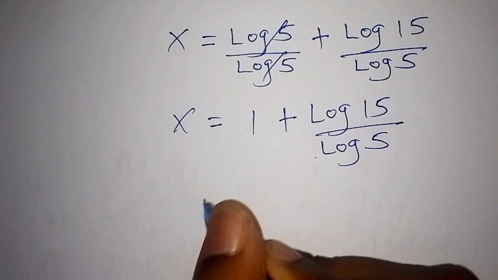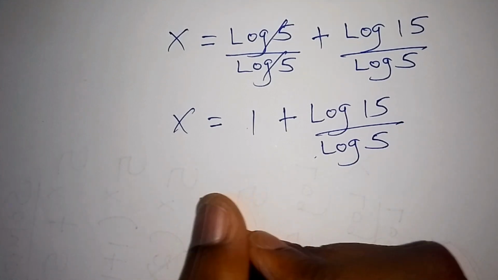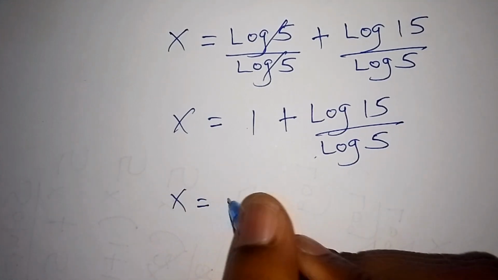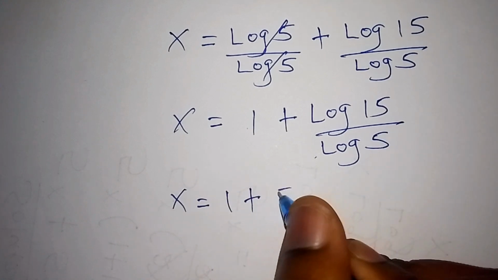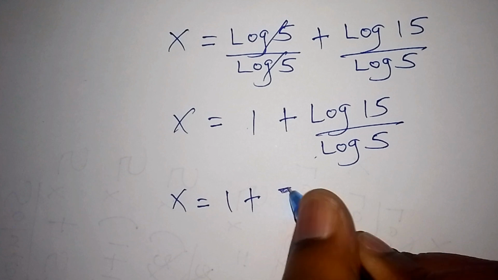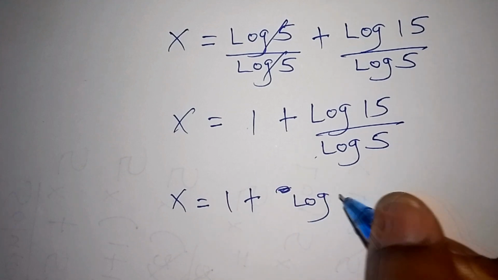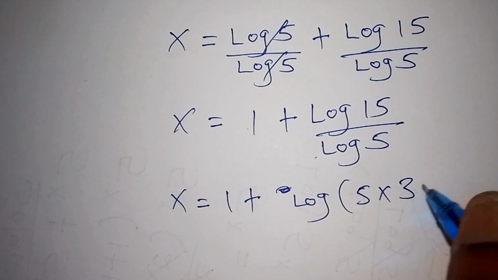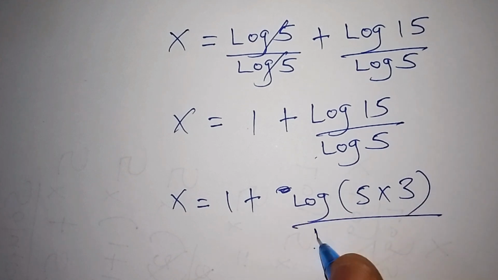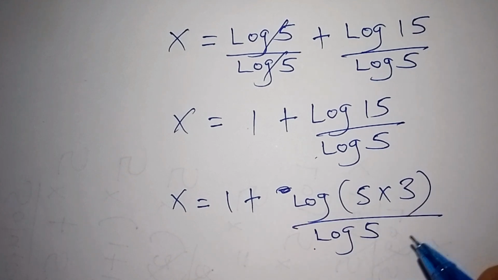We can still simplify the log of 15. So x is equal to 1 plus, and the log of 15 can also be written as the log of 5 multiplied by 3, all over the log of 5.